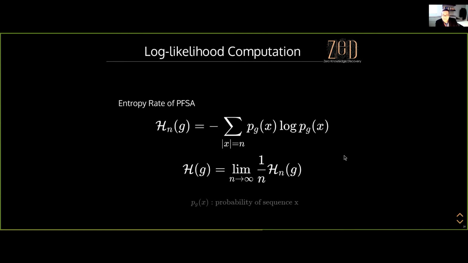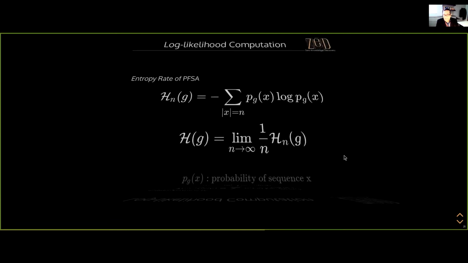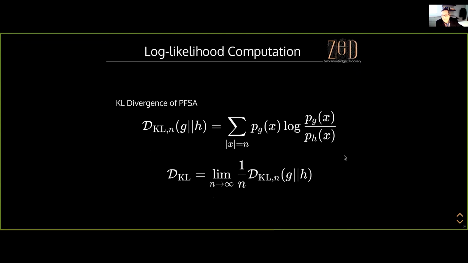We start with the definition of entropy rate of Markov models, really, for probabilistic finite state machines, as we call them. That's pretty standard. That's not something that we did. We can just read it off from any standard text. Then we define a slightly generalized version of KL divergence.